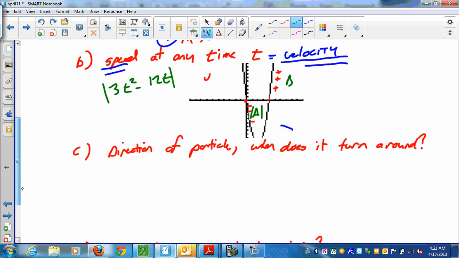Alright, part C says, what is the direction of the particle when it first starts? Well, we just talked about that above. At time equals 0, as soon as you begin, the velocity becomes negative, so the particle is moving towards the left. If this was a vertical motion problem, then this particle would be heading down to begin with. And when does this thing turn around?